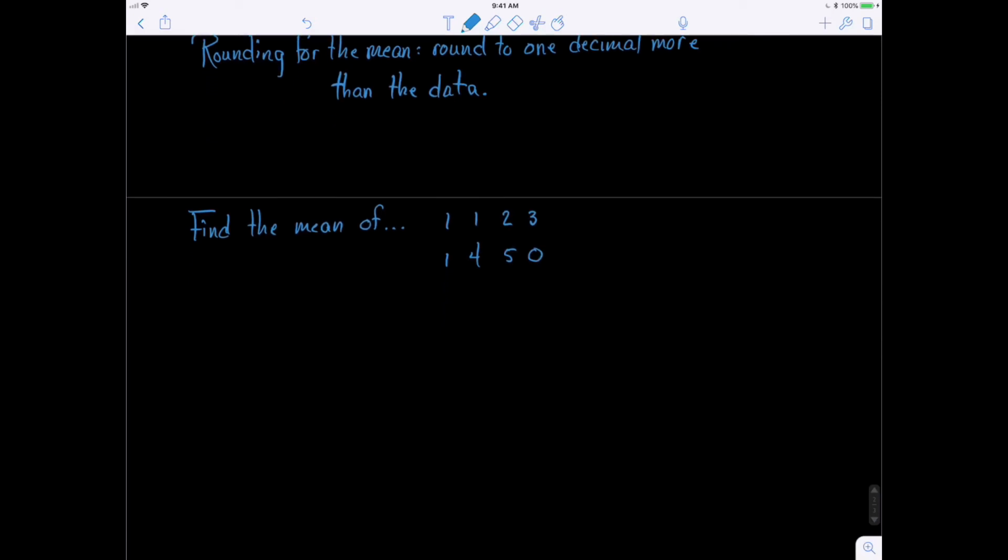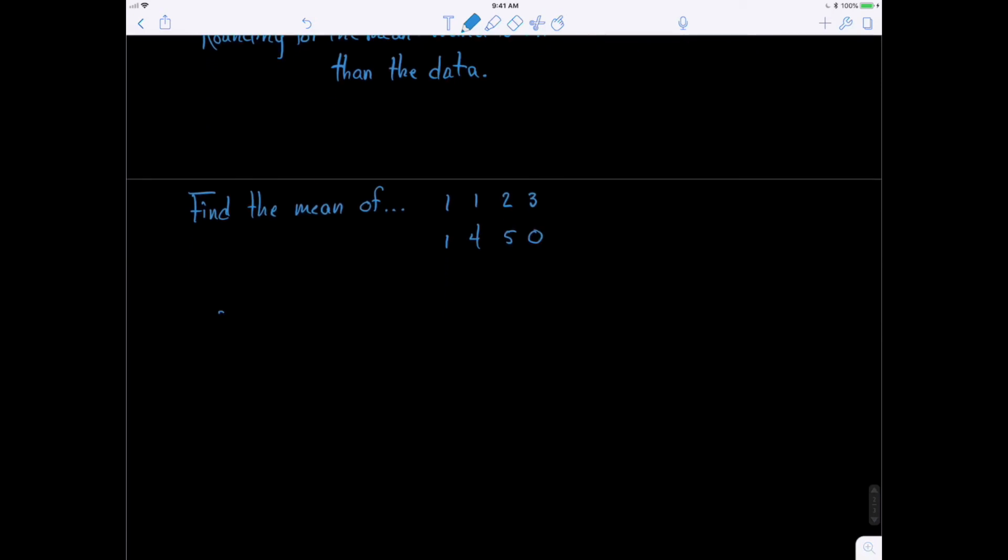Okay, so let's try this. So I'm going to write this as X bar equals, and I like the big fraction, so I'll write this as 1 plus 1 plus 2 plus 3 plus 1 plus 4 plus 5 plus 0.